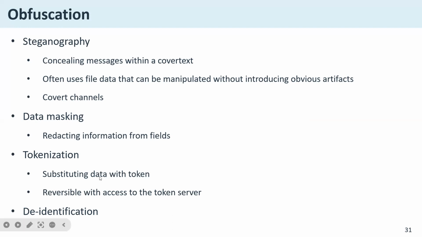Some applications of obfuscation are steganography, data masking, tokenization, and de-identification. These are the different concepts you can use to make sure that data is not as clear as we receive it, either in storing it, transferring it, or using it. We want to make sure that there's some kind of obscurity.